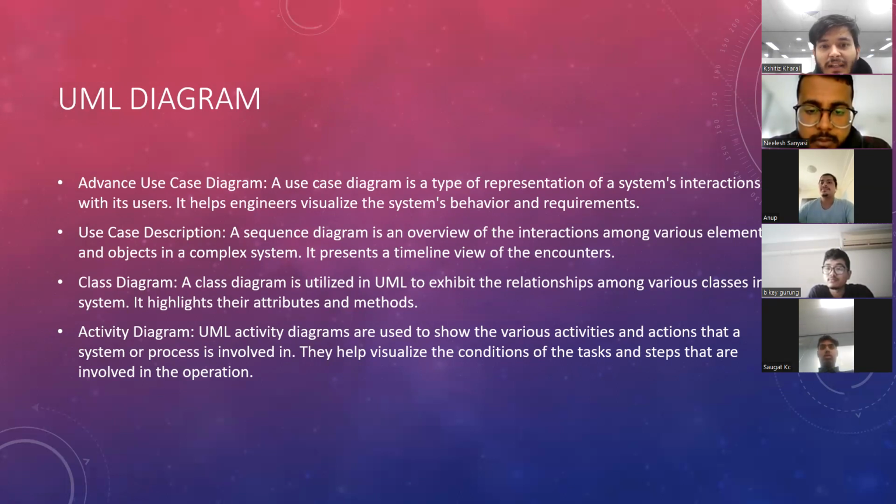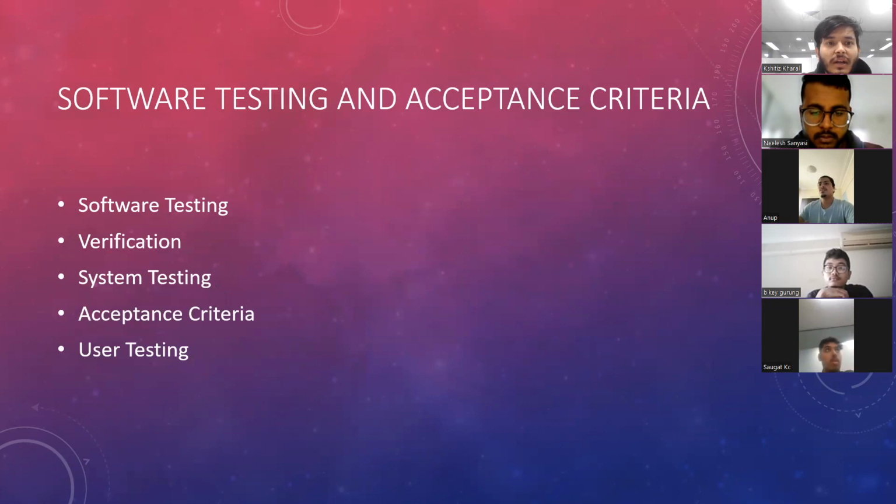Class diagrams show all the attributes, functions, and classes of any project and how they are related to each other, including the dependencies of the classes, functions, and attributes. And the activity diagram shows what activities are required for a user to perform and finish a certain action. Now my friend Saugat will present software testing and acceptance criteria.